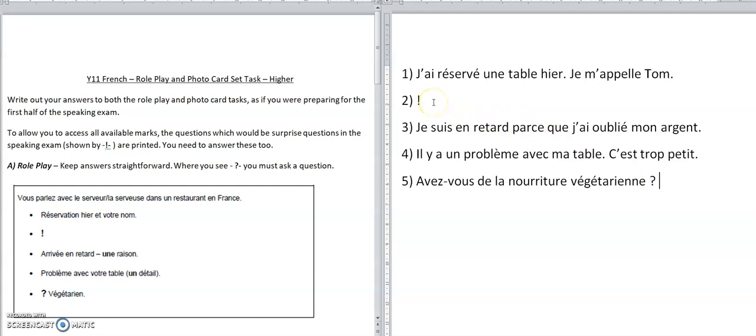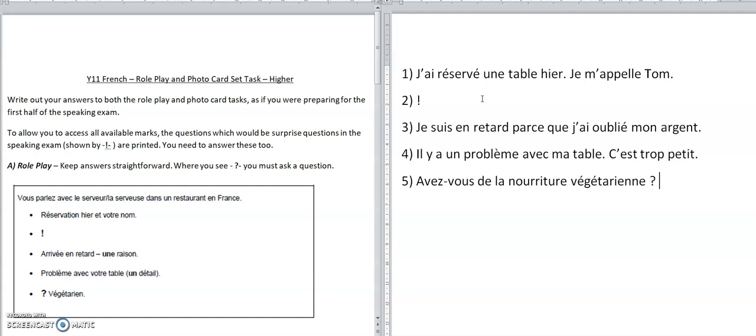The surprise bullet point here was 2 parts, as I said. So you've come in, you've said, I've reserved a table yesterday. My name's Tom, and what's likely to be there? Well, they're going to want to know how many people and what else. It was actually pour combien de personnes et pour quelle heure.